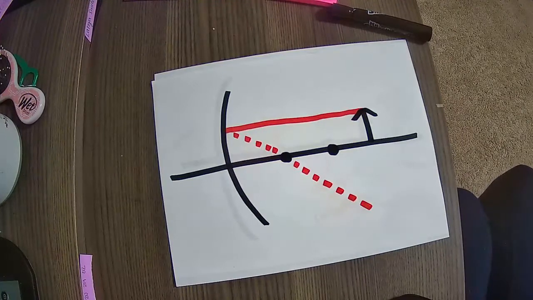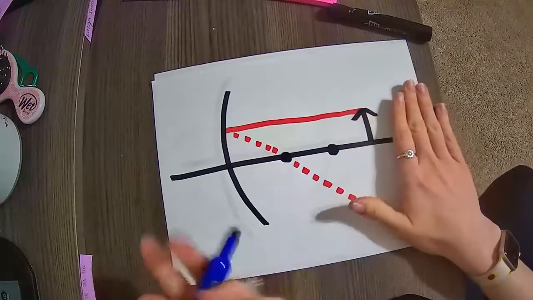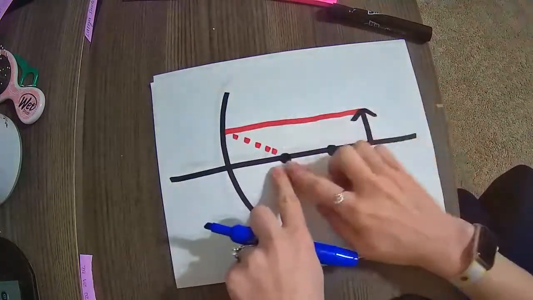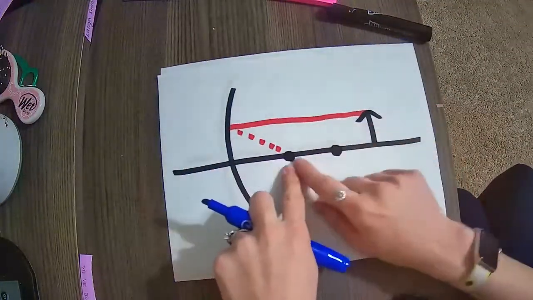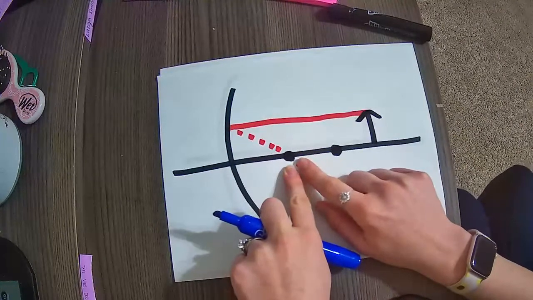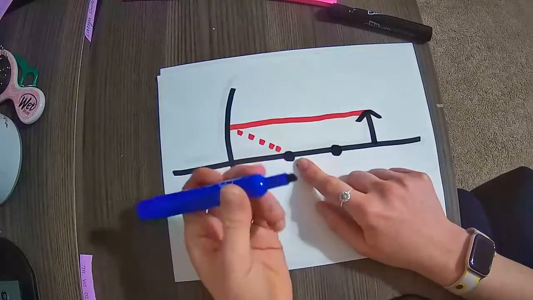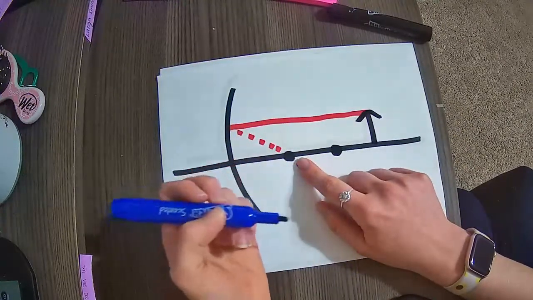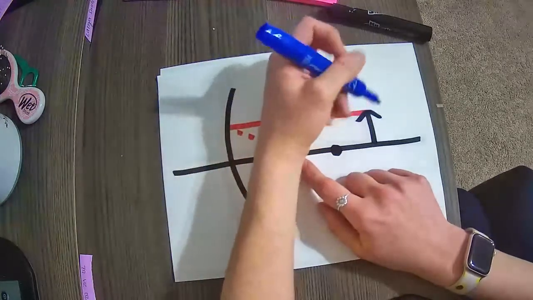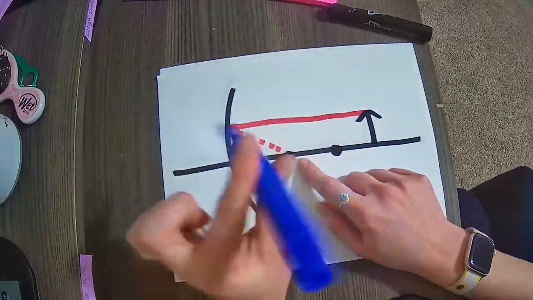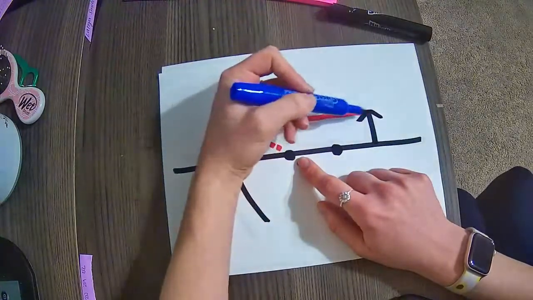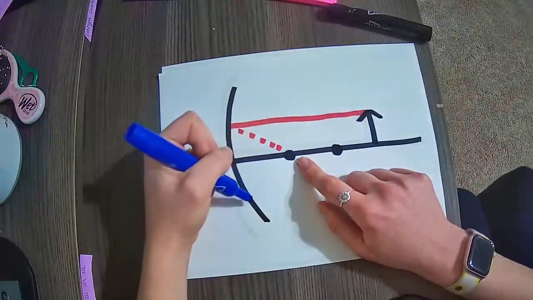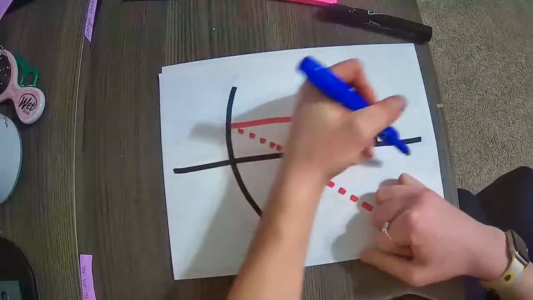Now, when the light is hitting an object, and hitting a mirror, it's all going to come from different angles. And one thing that we do know, though, is that everything is going to pass through this focal point. So the other line of incidence we are going to draw is with our blue marker here. And this is going to go from the top of the object through that focal point, and it's going to reflect back parallel.